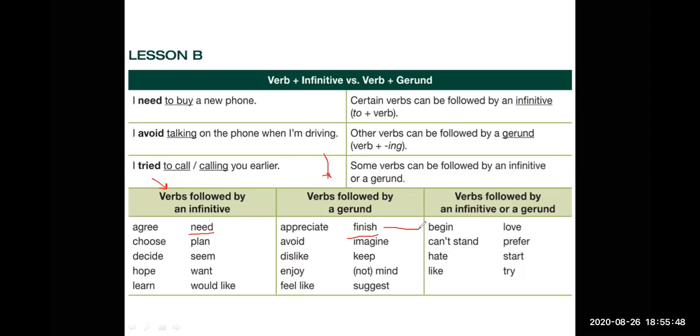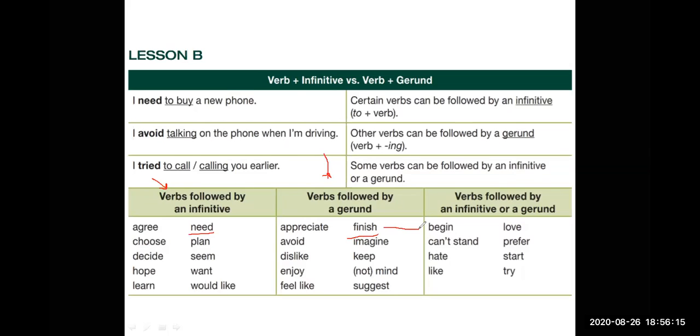What should you say? I need cooking my dinner. Incorrect, teacher. Why? Because the verb that follows need is an infinitive verb. Exactly. An infinitive. I need to cook my dinner.